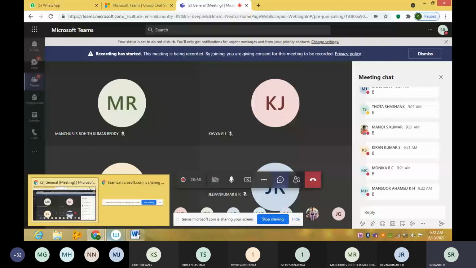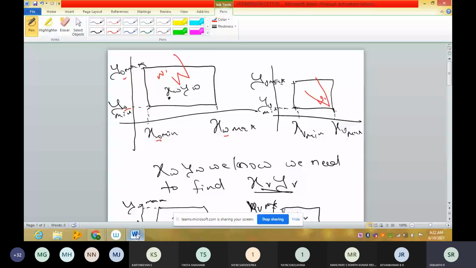So what we will be knowing is the world coordinate values, means we will be knowing xw and yw. What we need to find is xv and yv. We know the world coordinate values.